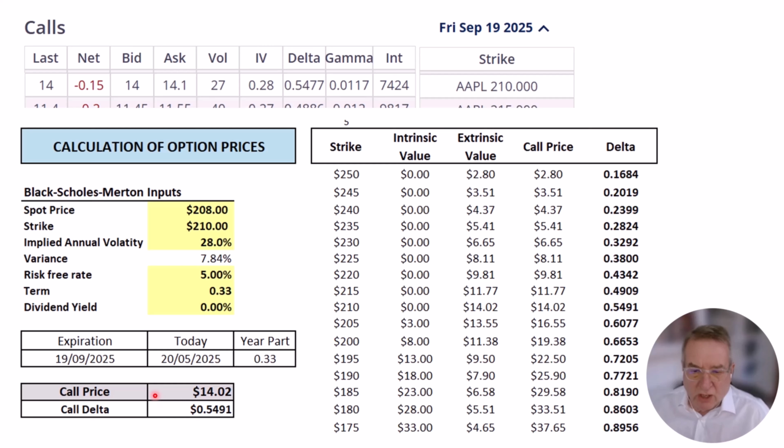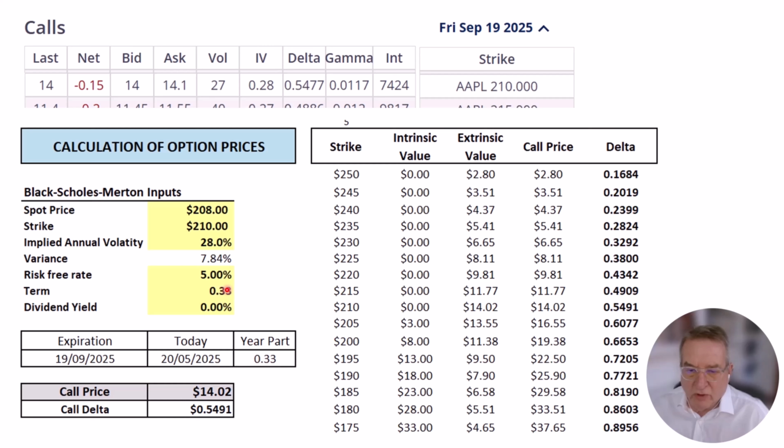And then I've also done a calculation as to the amount of time between today and when this option expires on the 19th of September. So there you can see that is the expiration date. This is today's date, the 20th of May, and that corresponds to a year part of 0.33.